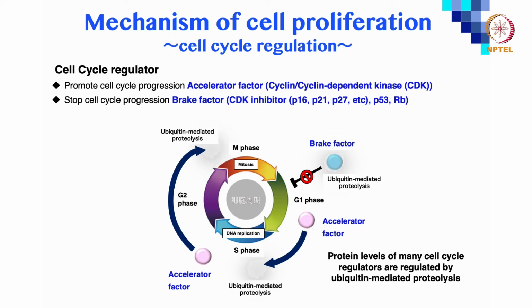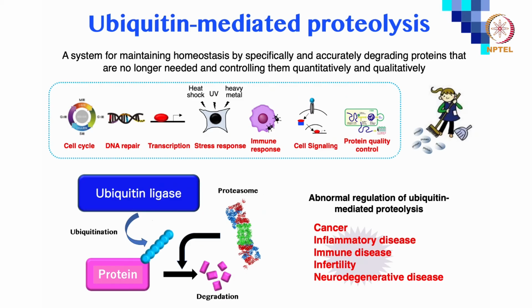Most cell cycle regulators are controlled in their protein levels by ubiquitin-mediated proteolysis. Ubiquitin-mediated proteolysis is a system for maintaining homeostasis by specifically and accurately degrading proteins that are no longer needed and controlling them quantitatively and qualitatively.